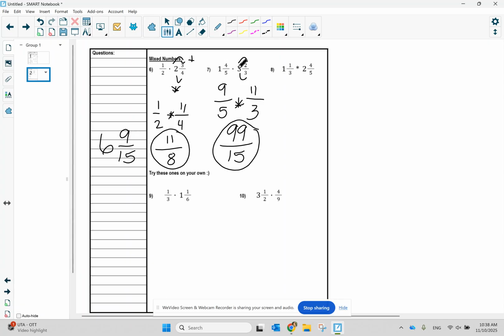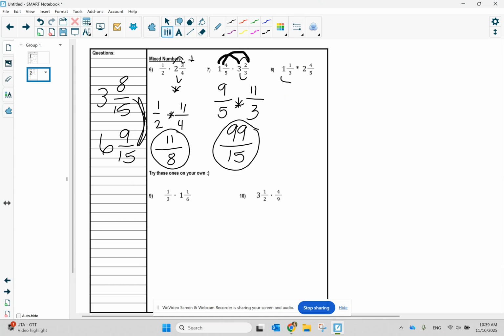So if we multiply these two numbers, we're basically getting 6 and 9/15ths, which you're going to notice if we would have just multiplied our whole numbers, we would have gotten 1 times 3 is 3, and 4/5 times 2/3 is 8/15ths. So they're not the same answers. Okay, so we cannot just multiply whole numbers and then multiply fractions.